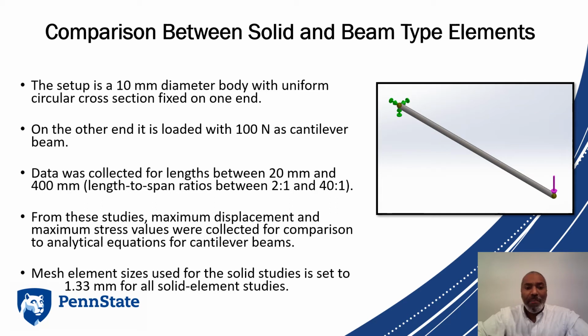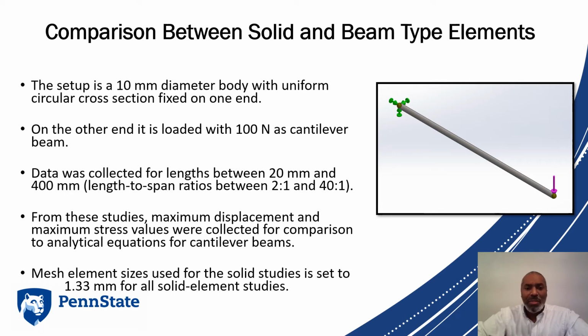So here's our setup. We've got a 10 mm diameter body, so it's 10 mm all the way across, with a uniform circular cross section. It's loaded on one end with 100 newtons. On the other end, it's built in, so it's a cantilever, and we're looking at lengths between 20 millimeters at the low end and 400 millimeters on the long end. So we have a length to span ratio of 2:1 at the low end and 40:1 at the high end.